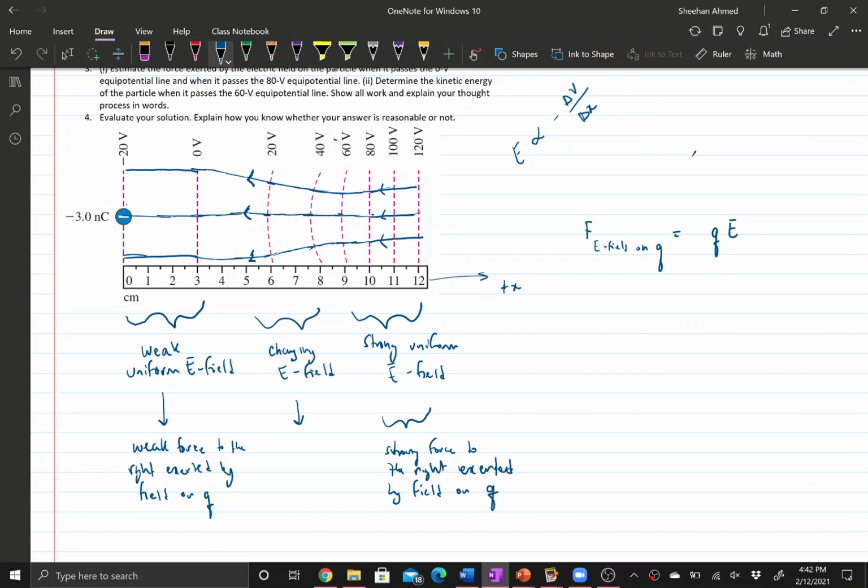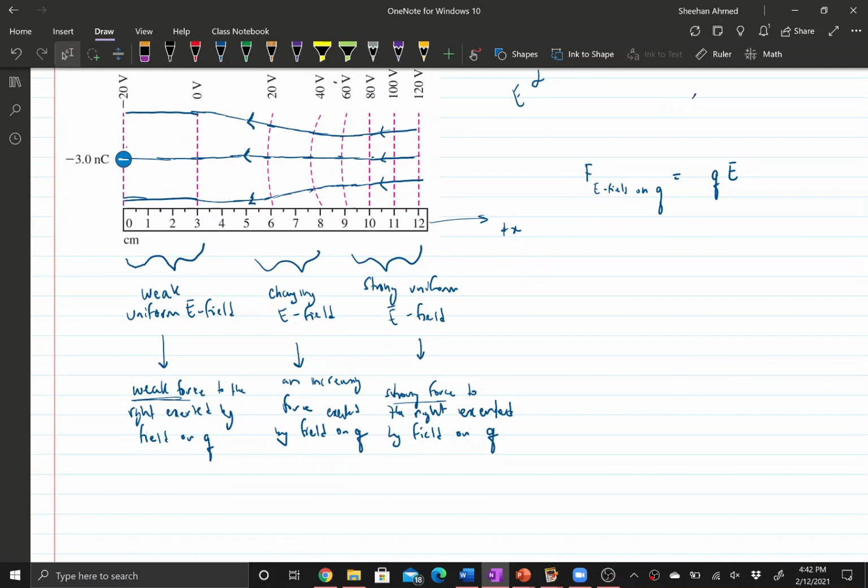And in the middle, we get an increasing force, right? On the left side is a weak force, on the right side is a strong force, and in the middle an increasing force exerted by the field on the charge.